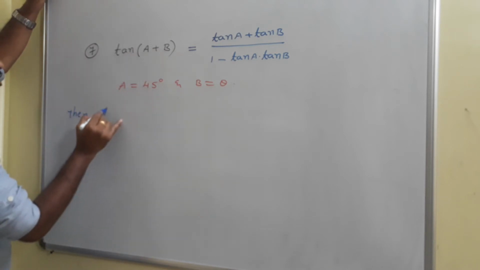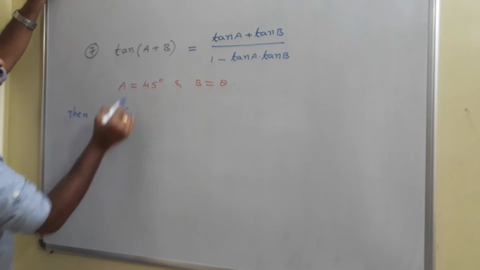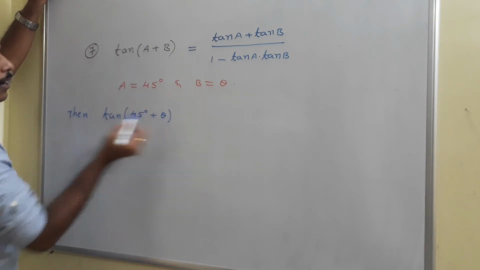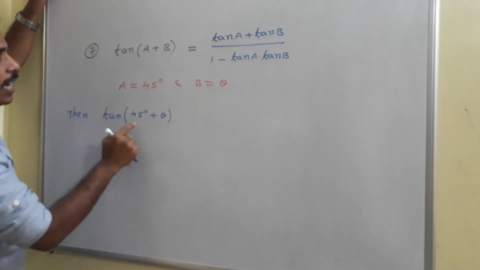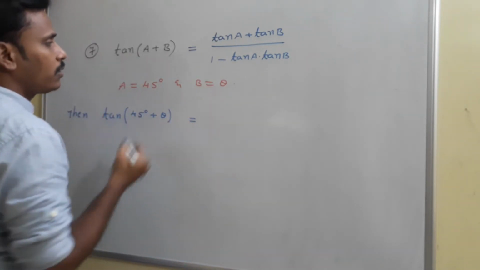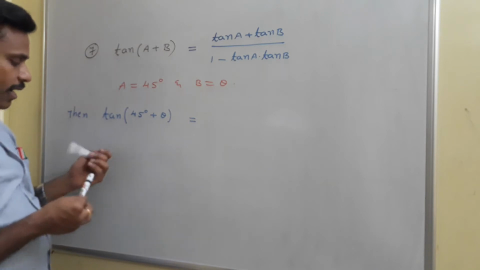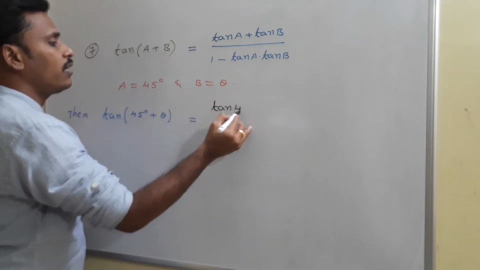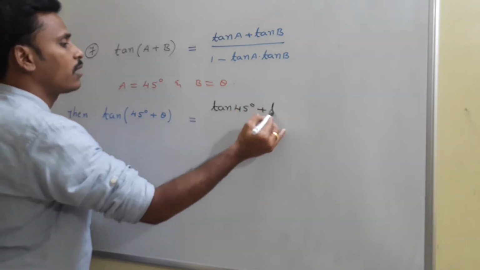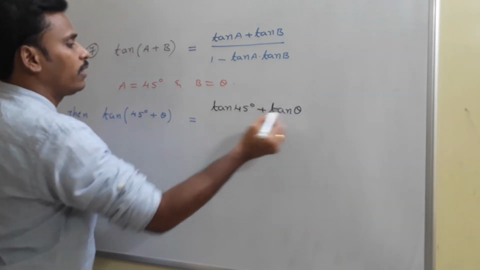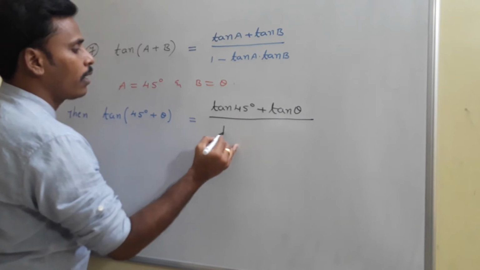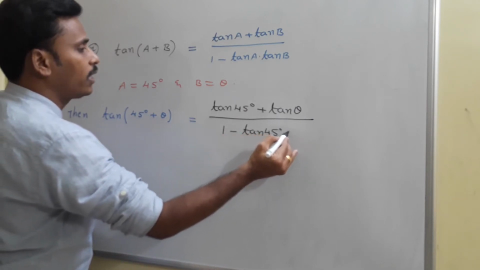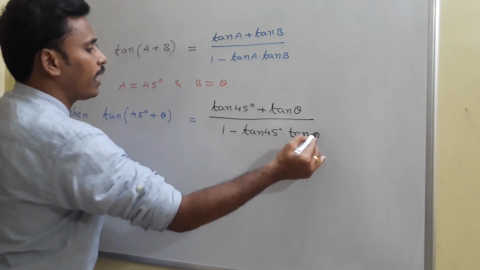Then the left side is tan of A plus B, which is tan of 45 degrees plus theta, equals, see the right hand side, tan A plus tan B. I will write it like this: tan A is tan 45 degrees, tan B is tan theta, divided by 1 minus, again tan A is tan 45 degrees and tan B is tan theta.